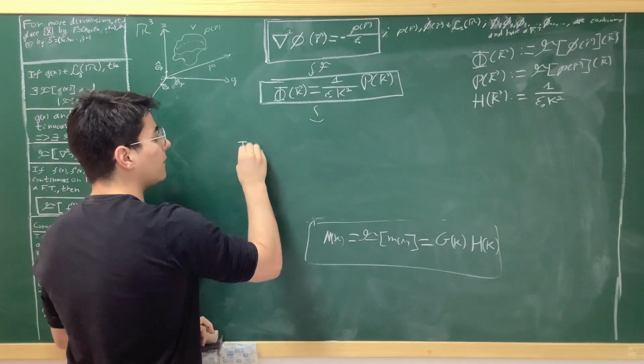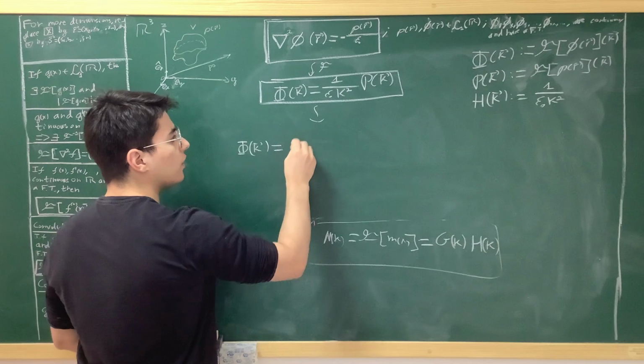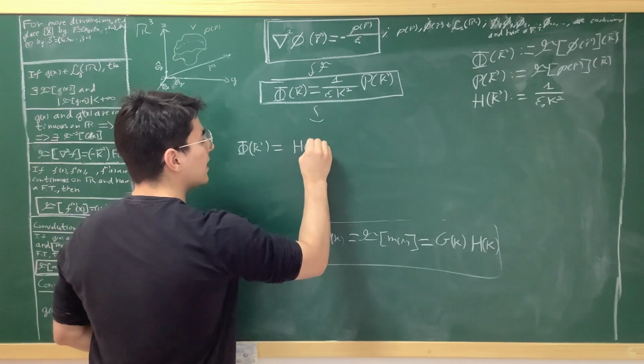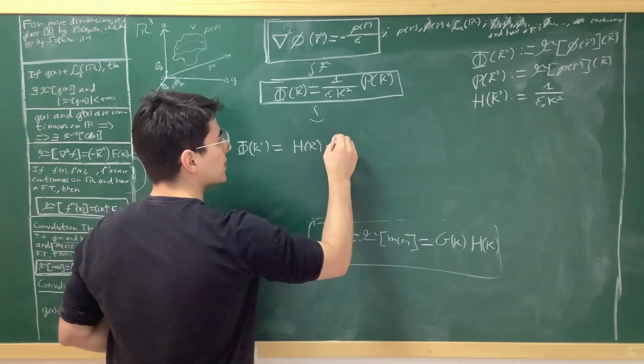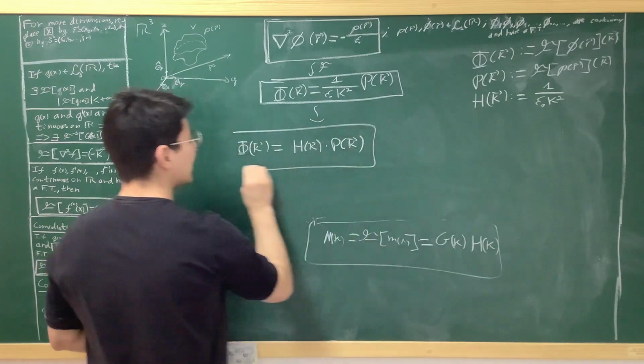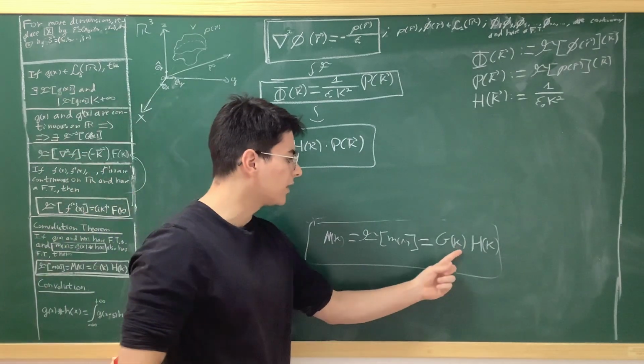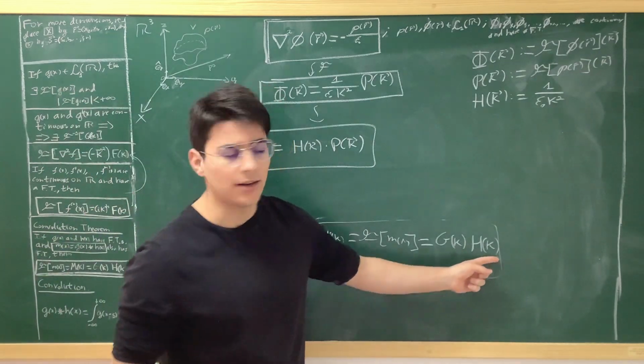This becomes a function of k, which is equal to a function of k again times another function of k. This is the exact same expression as this. We have a function of k which is equal to another function of k times another function of k.